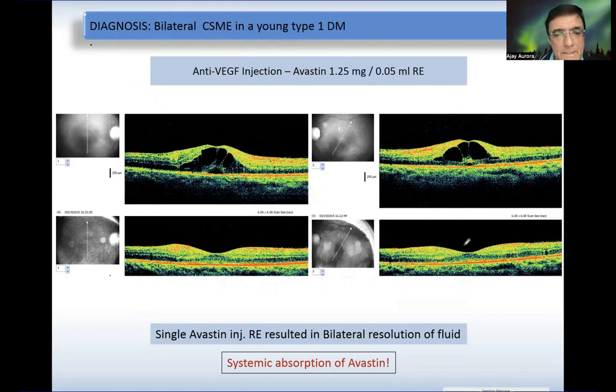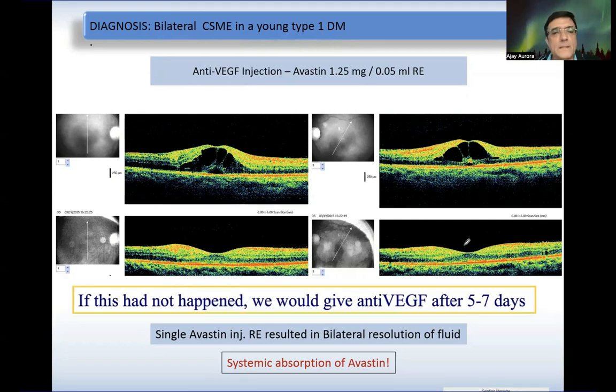So please remember, this is an unusual presentation, but if the patient says, look, injection in one eye has benefited me in the other eye also, please have a look at the other eye, because you may not need an injection in the other eye. This is rare, but there's an explanation for that: one eye injection can rarely help macular edema in the other eye.